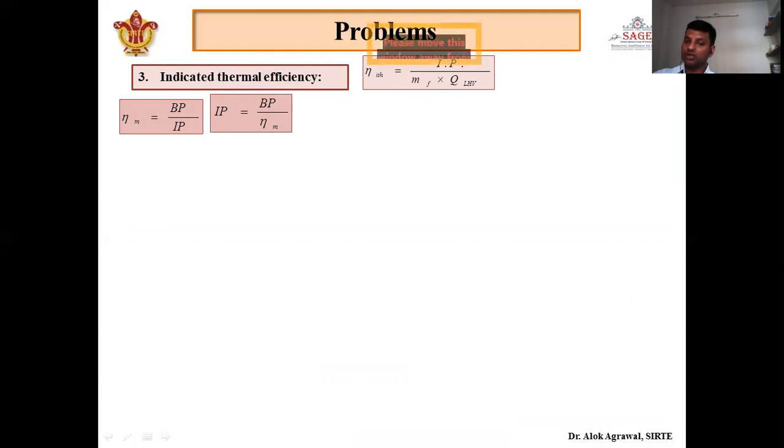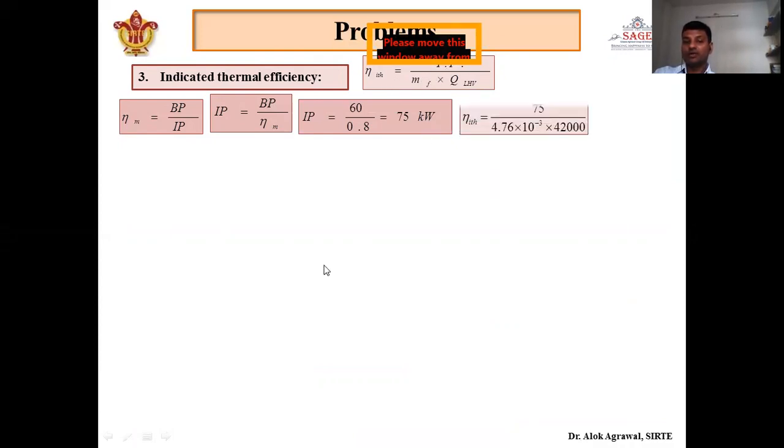But from the mechanical efficiency, we can calculate indicated power because brake power and mechanical efficiency are given. So first we have to calculate the indicated power, using the mechanical efficiency relation. From here we get indicated power as 75 kilowatt. Now by substituting indicated power as 75 kilowatt in this equation, we get indicated thermal efficiency as 37.51%. Here MF is 4.76 into 10 to the power minus 3, which we have just calculated.